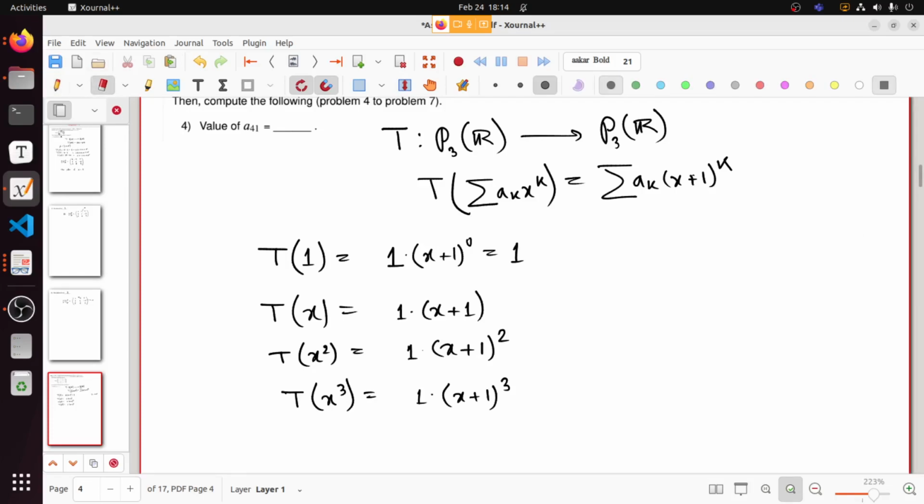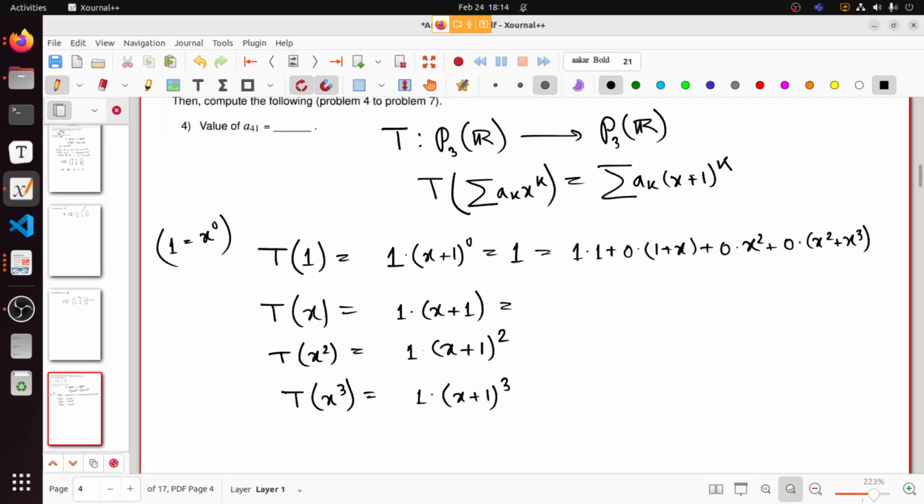Let me write here. 1 is x to the power 0, so 1 is 1 plus 0 into (1 plus x) plus 0 into x squared plus 0 into (x squared plus x cube).